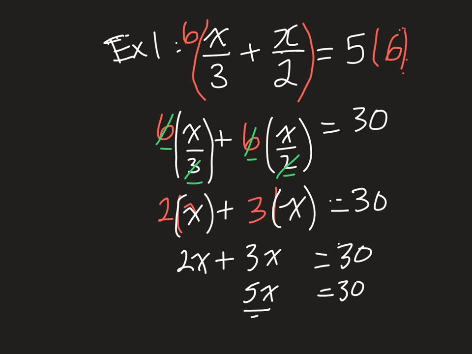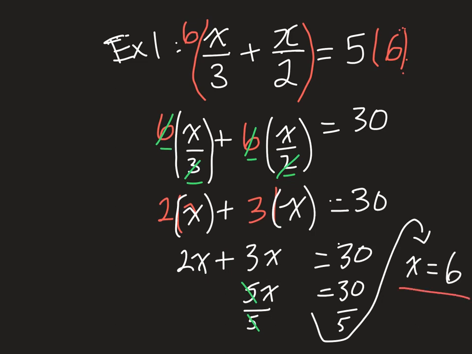Finally, divide by 5, divide by 5. I run out of room. My 5's cancel out here. And x equals, what's 30 divided by 5? 6. And there is my final answer.